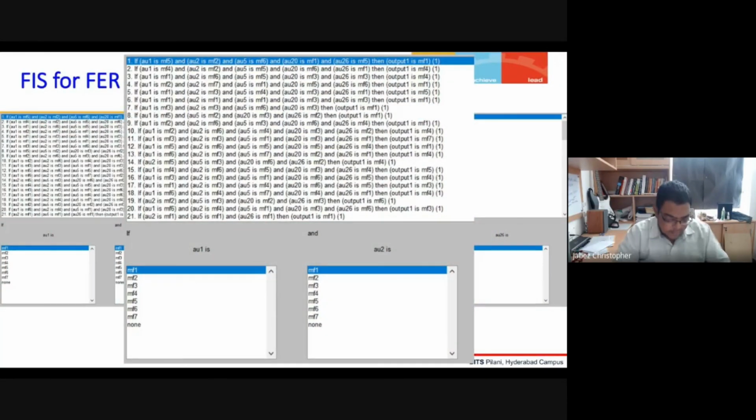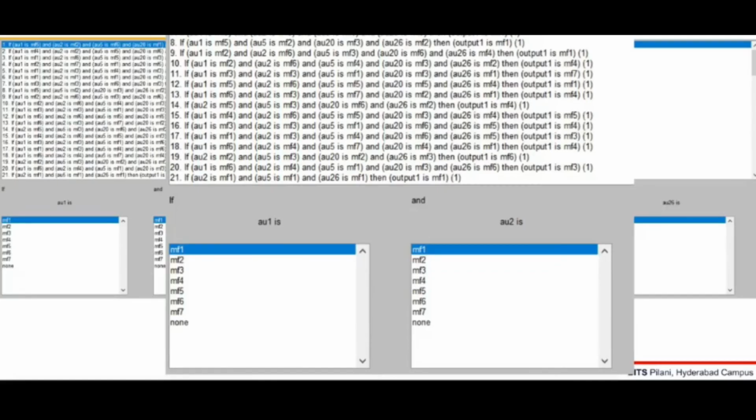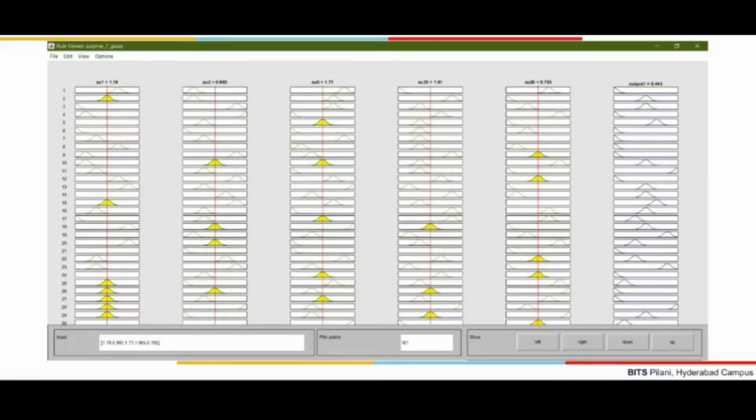If action unit 1 is MF5 and she is not new. AU is action unit. Action unit means they have different units on the face, like 1, 2, 3, 4, 5, 6. You would have seen pictures with dots and things like that. Those are called action units. So the value of action units is mapped to different fuzzification functions, and these serve as rules.